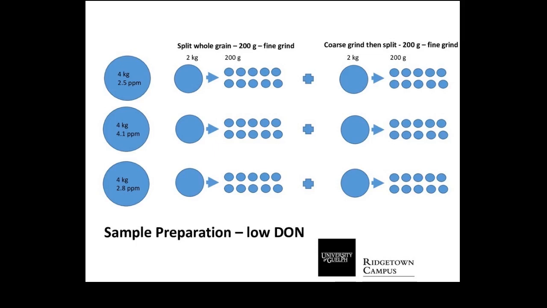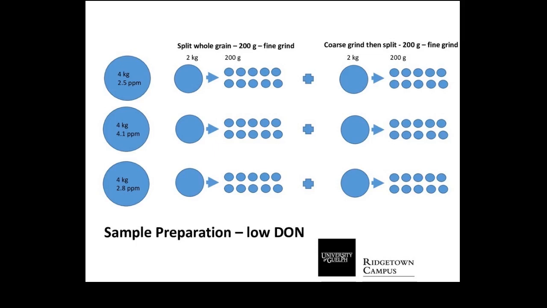And what typically happens is that probe sample at 2 kilograms is passed through a mechanical splitter, and then you get these smaller piles of grain that have been split, and then they take a little cup that takes about 200 grams, and that represents the smallest circle, 200 gram sample, which is then ground, and then a smaller quantity of that flour or the meal is then selected and weighed, usually about 10 to 20, maybe sometimes, depending on the test, 30 grams, and that's extracted with water, and they run the test.